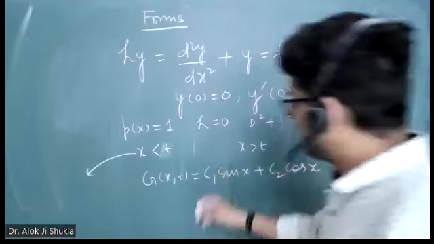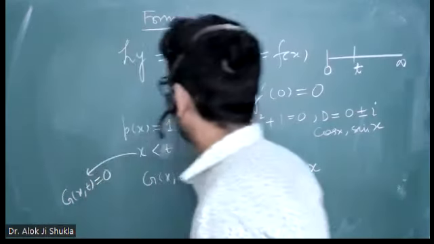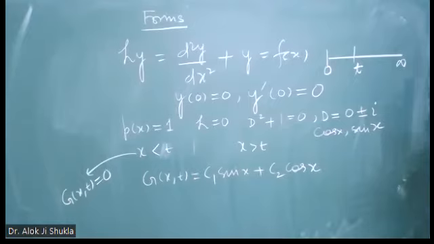For x less than t, g of x comma t is equal to 0, because y of 0 is 0. g of x comma t is equal to 0 satisfies the boundary condition.